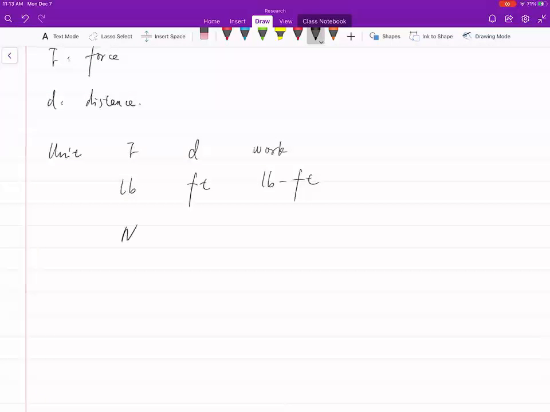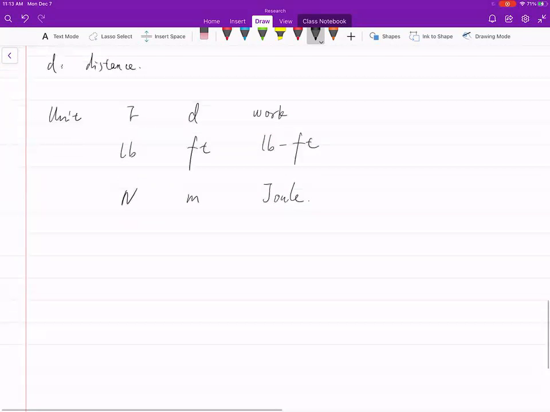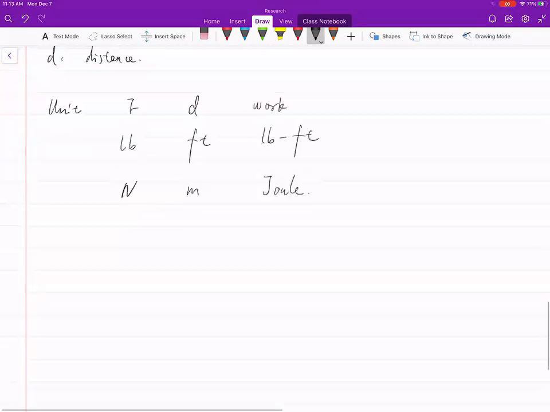Force is measured in Newton, distance is measured in meter, and then the work is measured in joule. Okay, so in our class, which unit you take really depends on which unit you get from the force, which distance unit you get from the feet. All right, that is good. An easy concept.